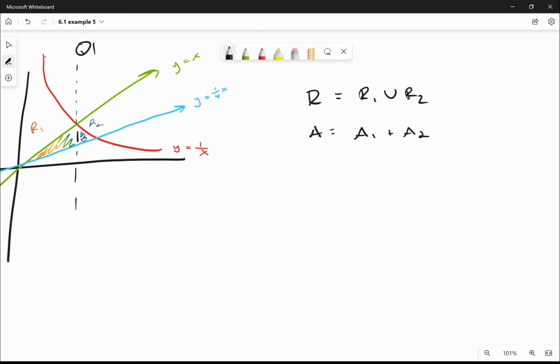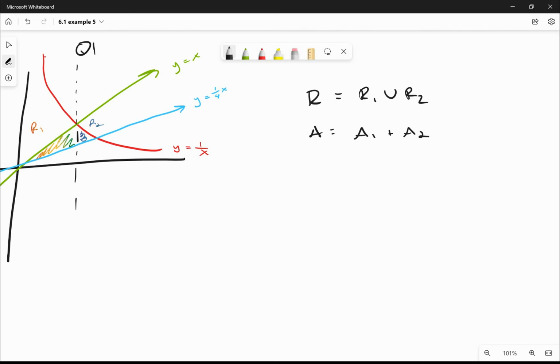And we need to figure out our limits of integration, so we need to figure out where these curves intersect. First we know we have an intersection here at 0, 0. But what is this point where the green and red intersect?